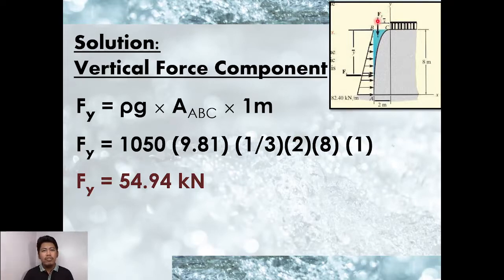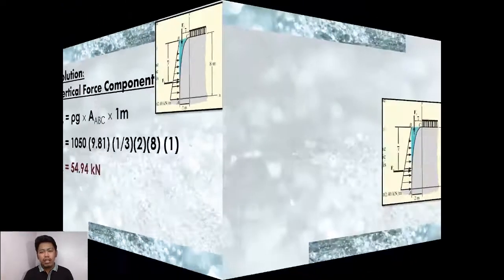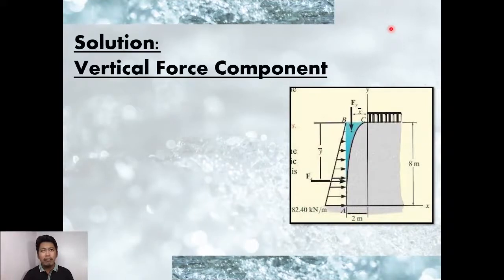Now for its location, this is x bar. Let's say it is measured from this straight side. For the vertical component, it is 3/4 of 2 meters.